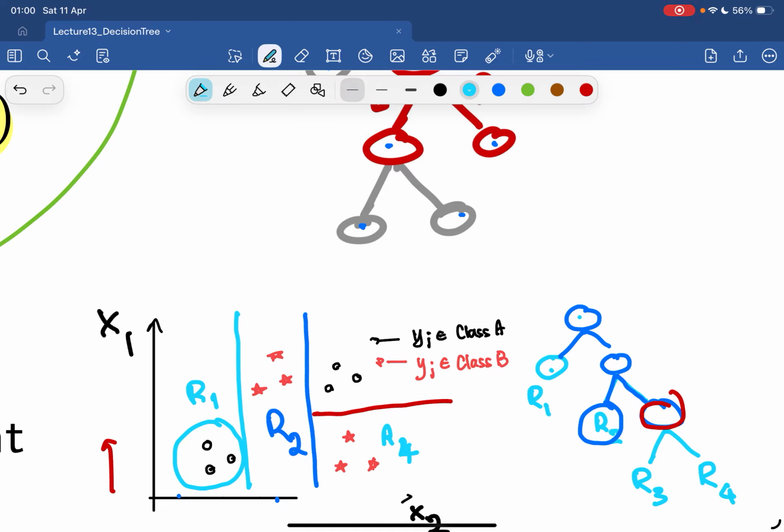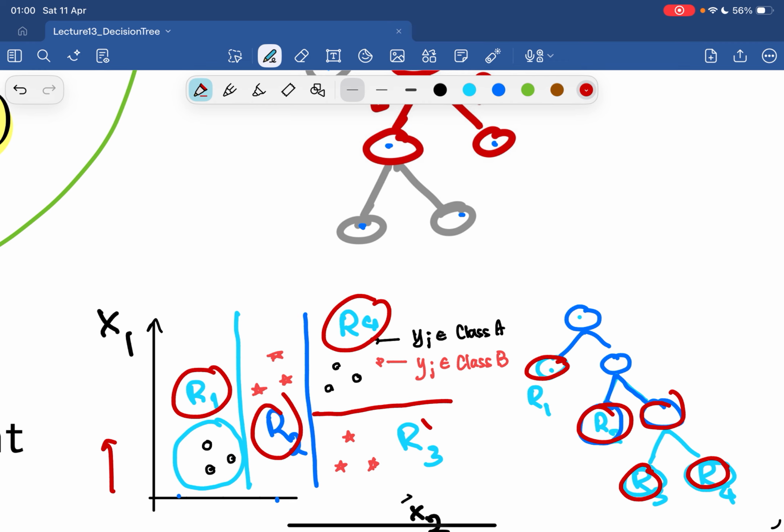So you can see that nodes somewhat correspond to the regions. These nodes somewhat correspond to the regions that you divided.